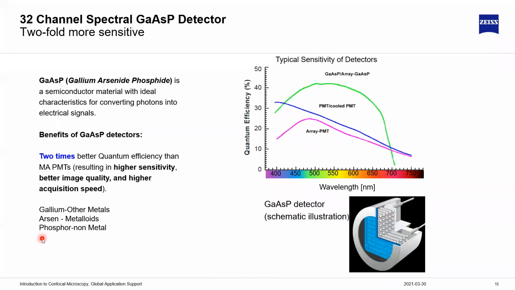It's a different material of the photocathode, and this gas detector has a 2 times better quantum efficiency compared to the multi-alkali PMT. You can see it here in this middle range of the spectrum. It's double the quantum efficiency.